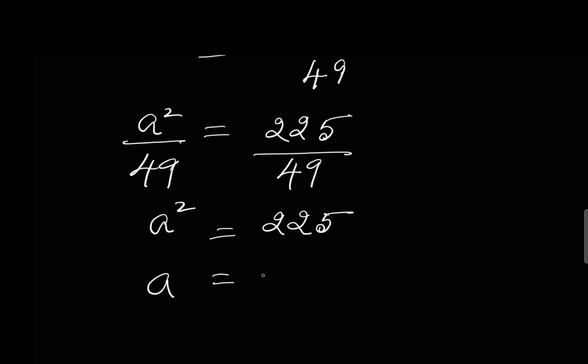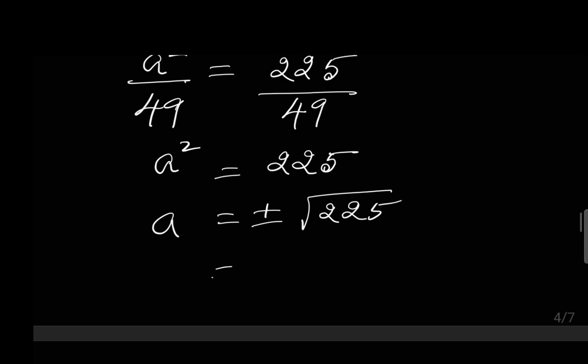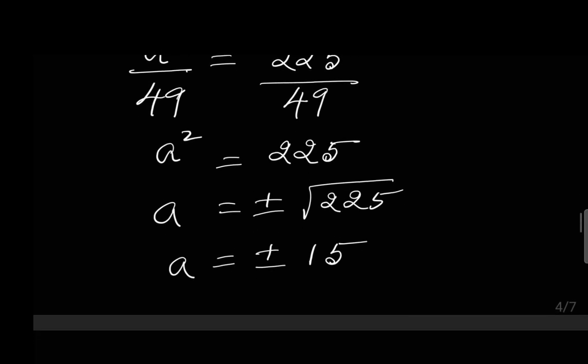That is, a is plus or minus root of 225, which is plus or minus 15. In the question itself they have given to find the values of a. a has two values, plus 15 or minus 15. This is the answer. Thank you.